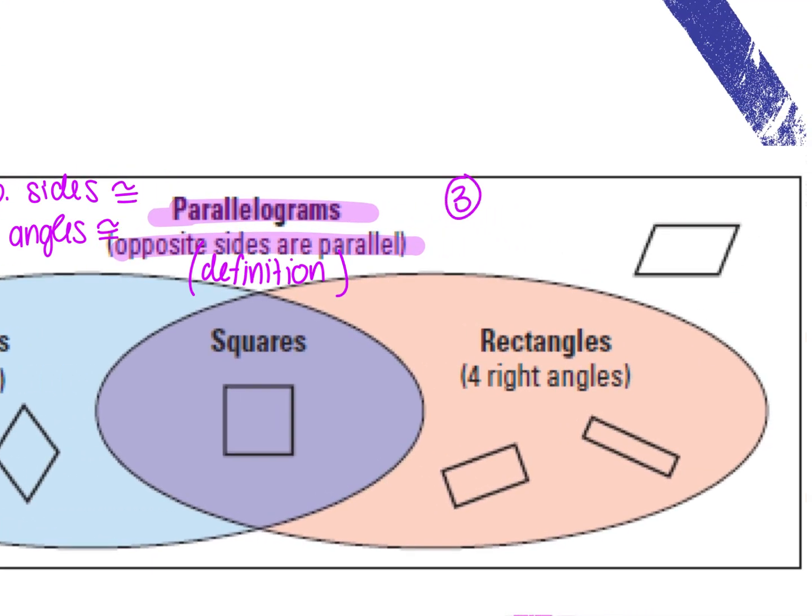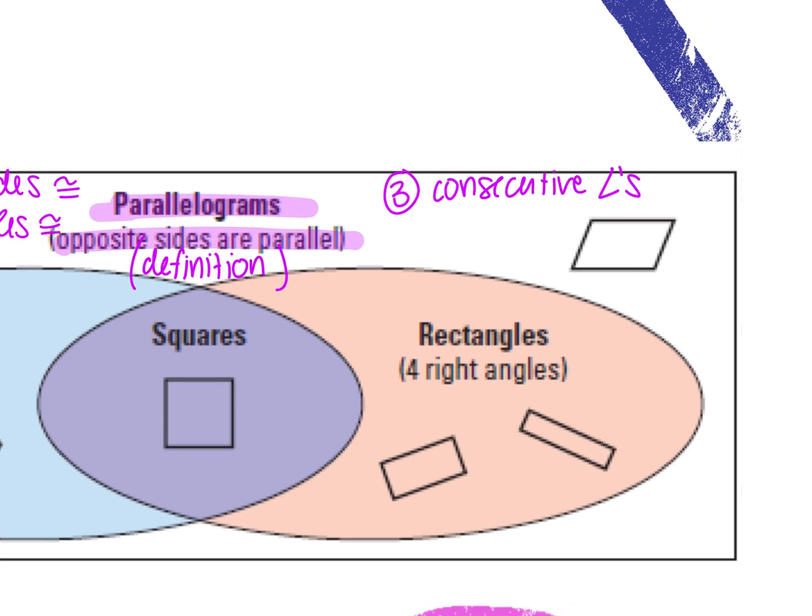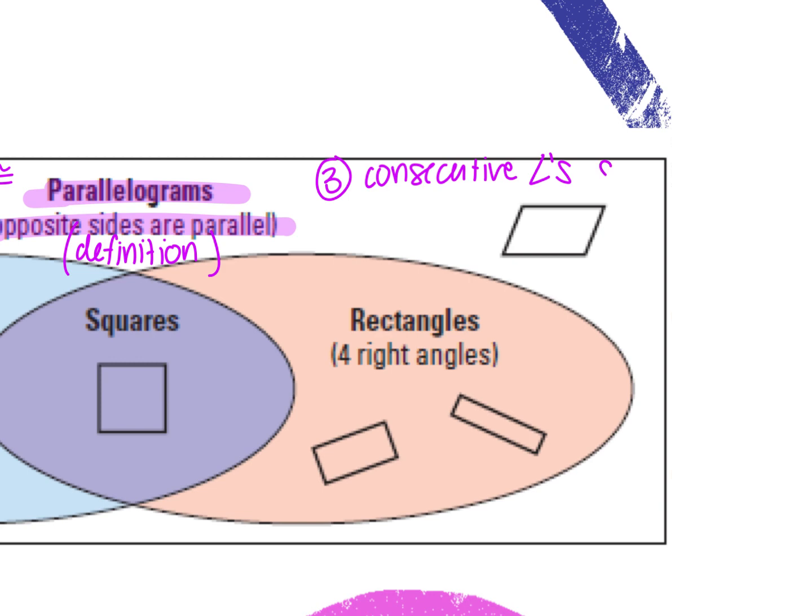We have consecutive angles are supplementary. What does it mean, consecutive? Good, they're next to each other.